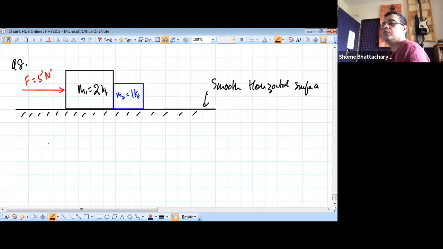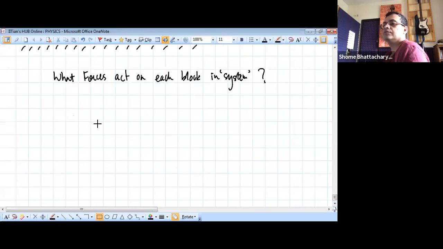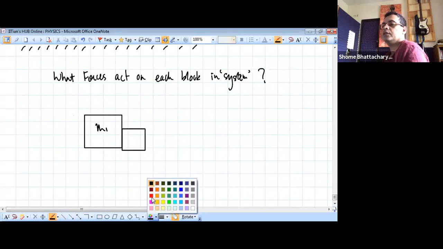First of all, let's understand what forces act on each block in this system. What all forces are acting? If you consider the block M1, what all forces are acting on it?